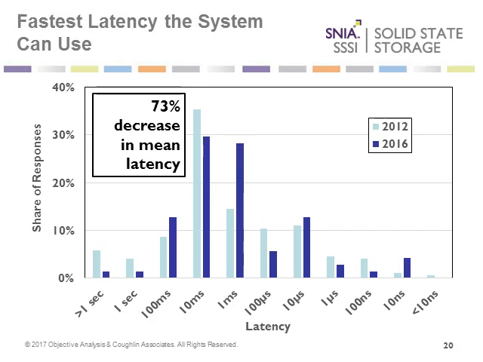IOPS is good, and IOPS is the center of attention for an awful lot of storage. But for a number of applications, if you have high IOPS but you've got not so good latency, you're going to be in a lot of trouble. And so we asked, what is the fastest latency that the system can use?